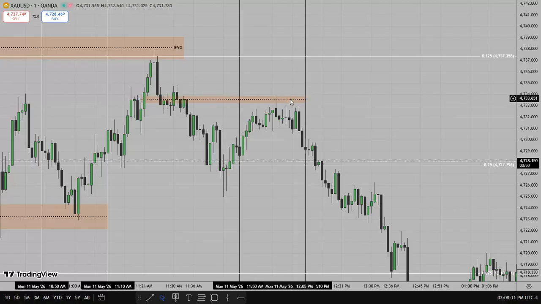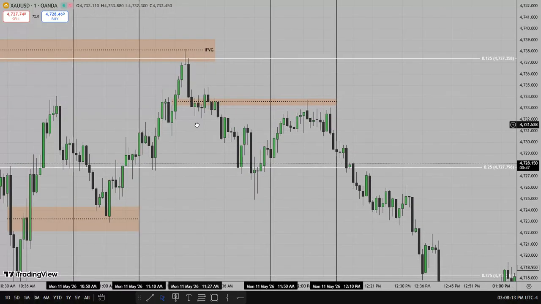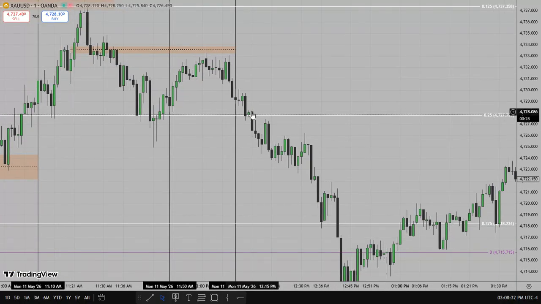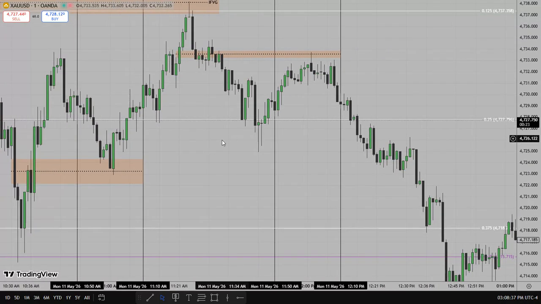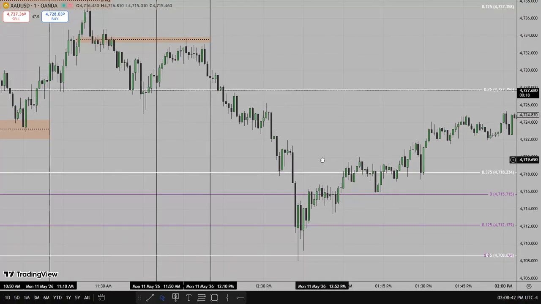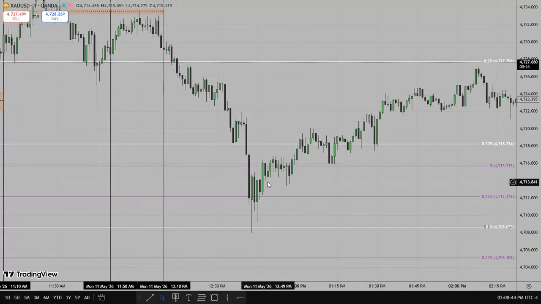The inversion fair value gap still being utilized. So this is basically the model I've chosen because the price has already confirmed that it's moving in that direction. You just have to add to the winners. Come add to the winners. So we have there, see that there, and there, and we have this beautiful delivery here.